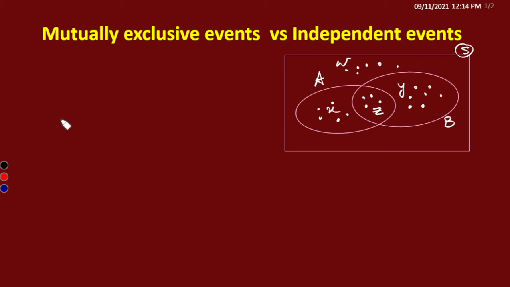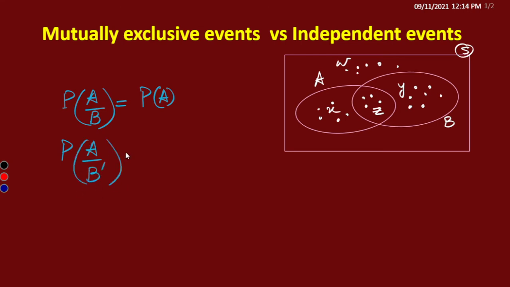They say that occurrence of one particular event doesn't affect the occurrence of the other event, which would mean probability of occurrence of A given that B has already occurred is the same as probability of A. At the same time, probability of occurrence of A given that B has not occurred is the same as probability of A. That means the happening of event A is irrespective of happening of B or not happening of B.